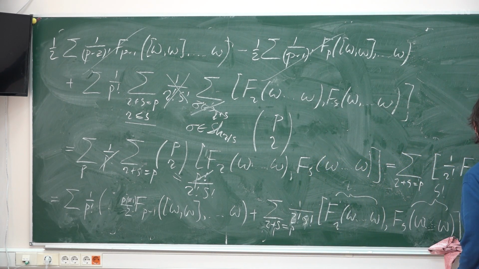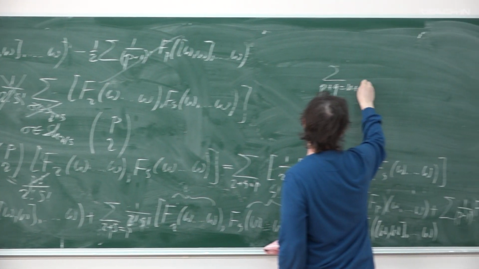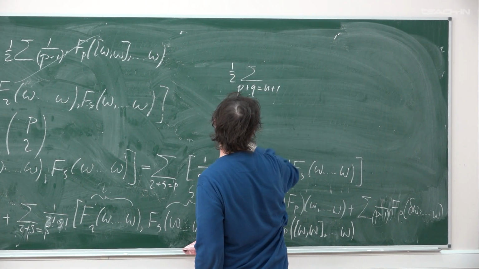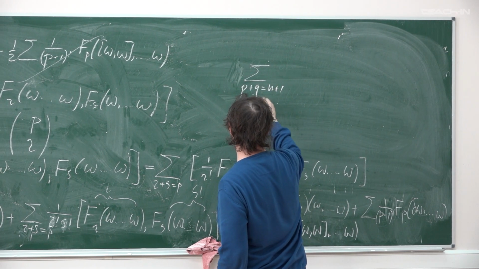So when you return to the formula of the L infinity map, introduce 1/2 in front of this sum. It's either 1/2 of this, or you should assume that P is less or equal to Q.